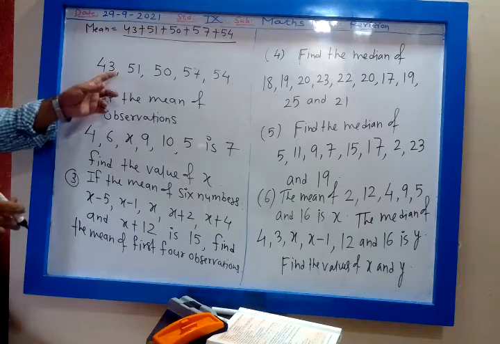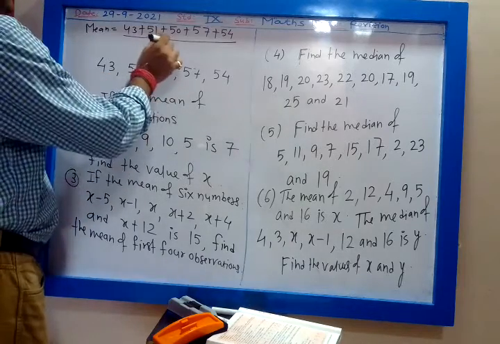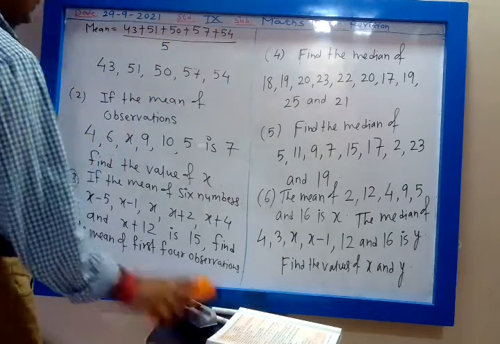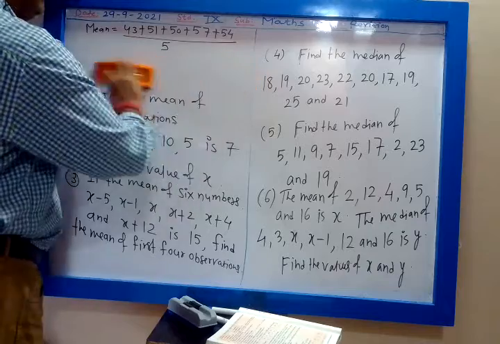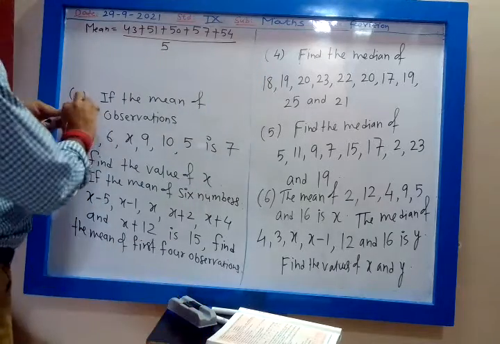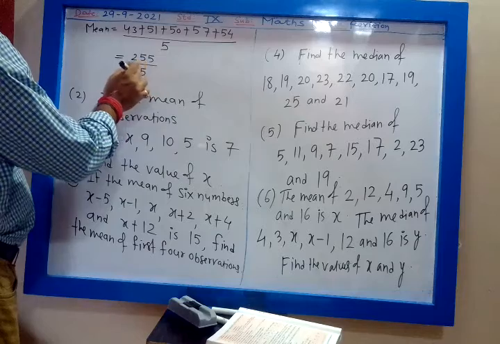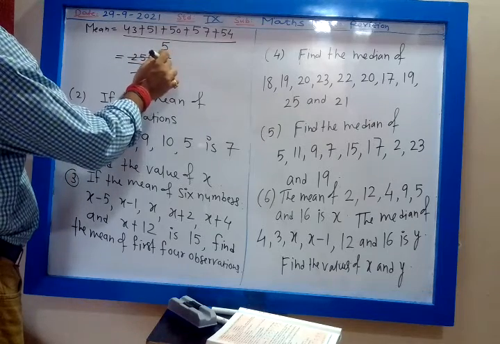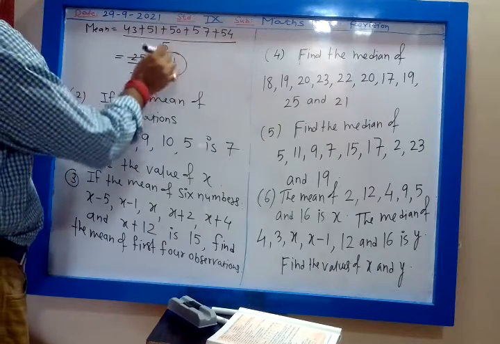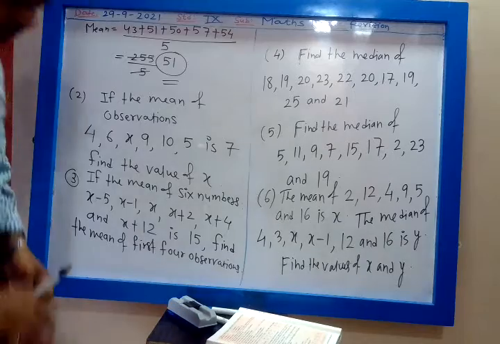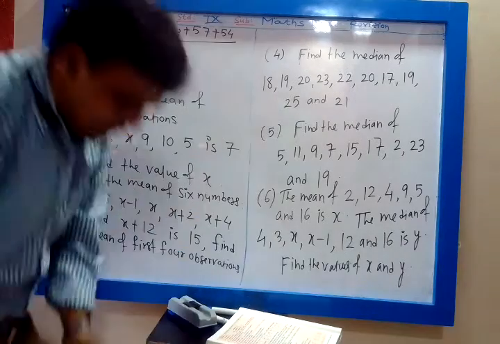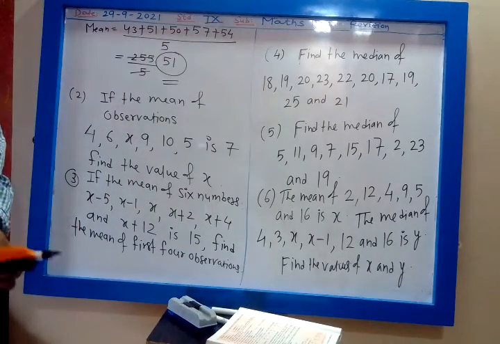How many values are given? 1, 2, 3, 4, 5. So divide by 5. The total is 255. Divide by 5. So 5 5s are 25, 5 1s are 5. So mean is 51.